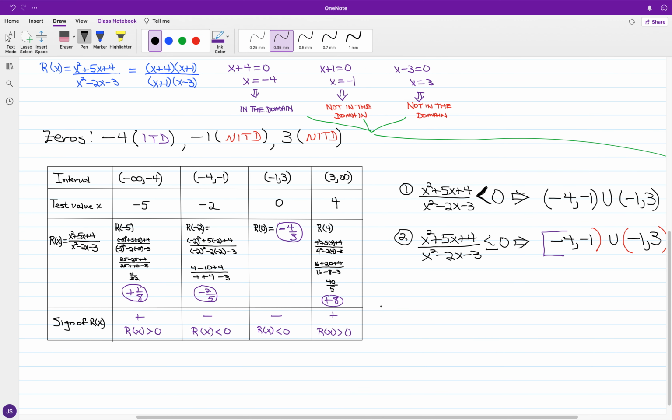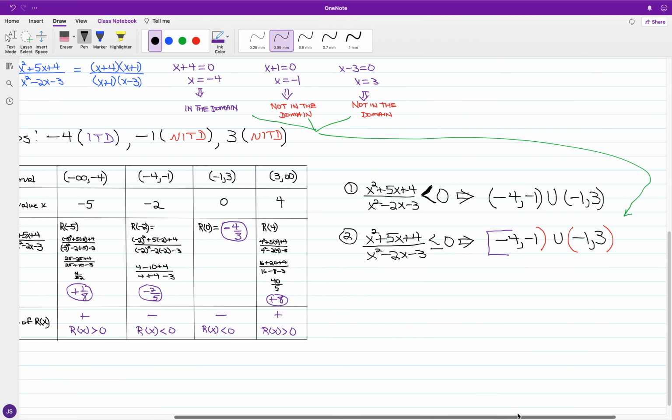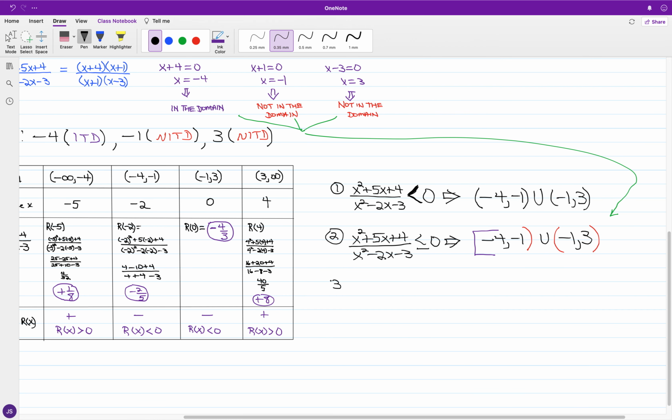Now, looking at what we have with the change in direction. Okay, so I have x squared plus 5x plus 4 over x squared minus 2x minus 3 is greater than 0.